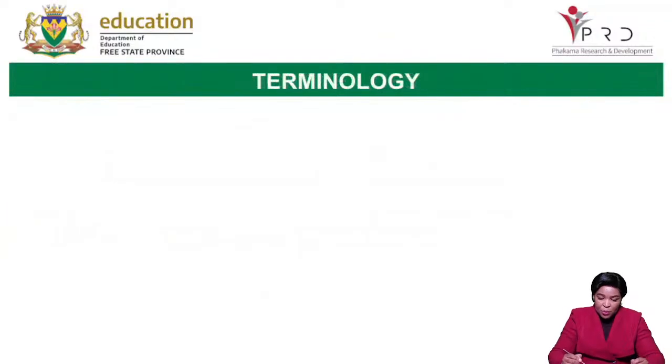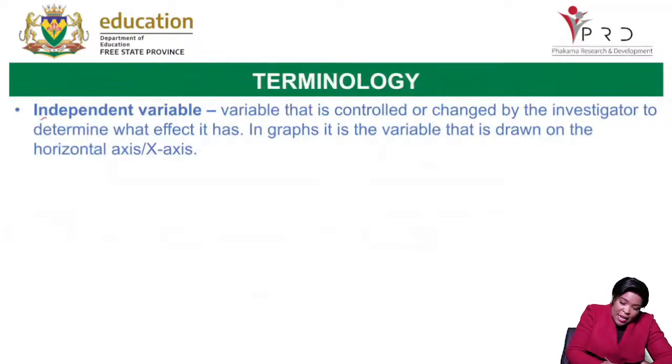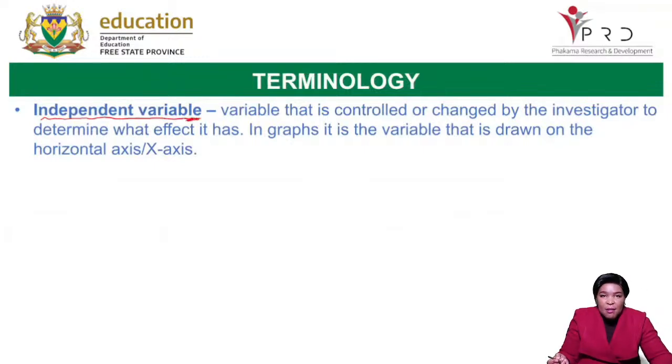It's a variable. Now, some of the terminology that you need to look at when you are studying these variables, there are three types of variables. The independent variable. Remember, it's one of those factors, but these ones are independent. So what do we mean by an independent variable? In an investigation or in a question paper, you may be asked to identify independent variables from an investigation.